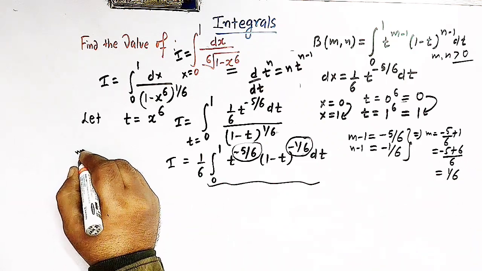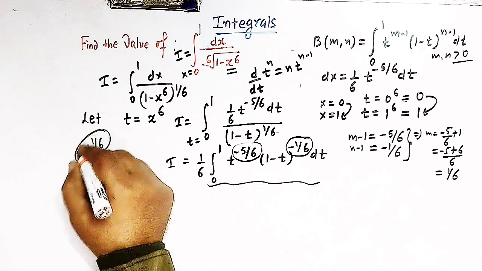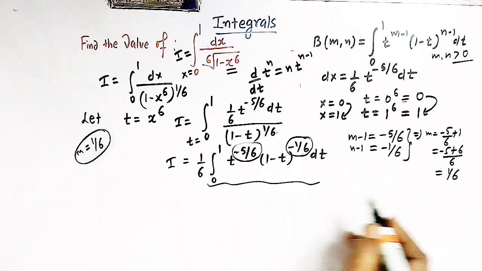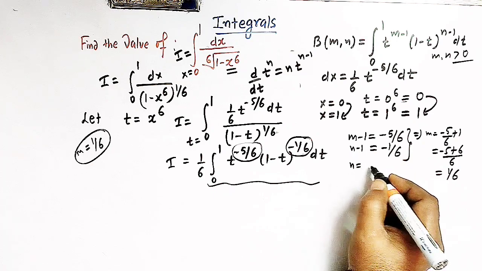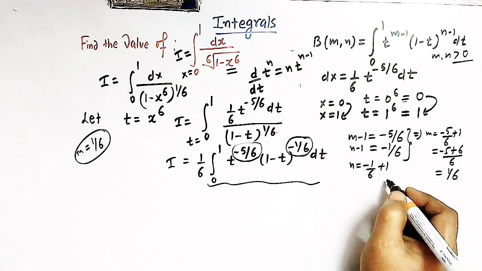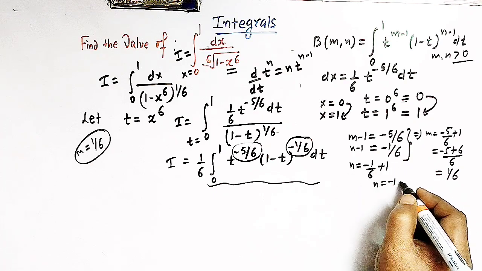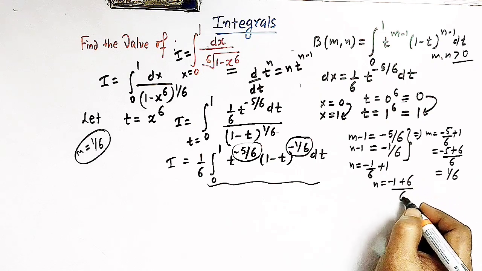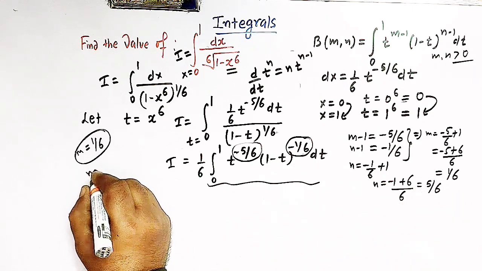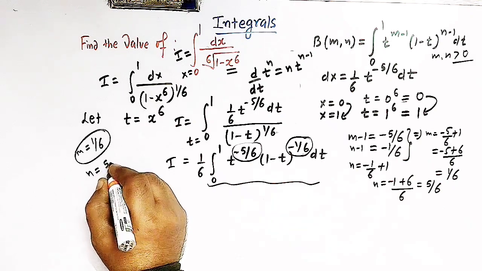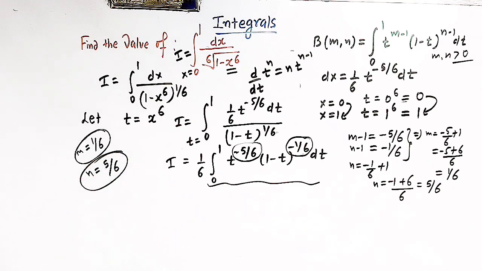So the value of m is 1 over 6, right? And from this equation we can now write n is minus 1 over 6 plus 1. So n is minus 1 plus 6 over 6, that is 5 over 6. So we can now write n is equal to 5 over 6.